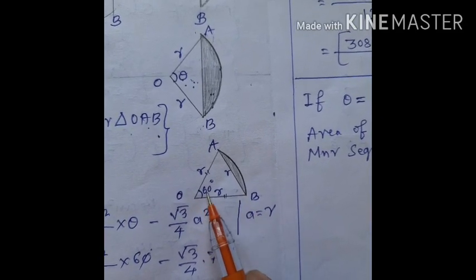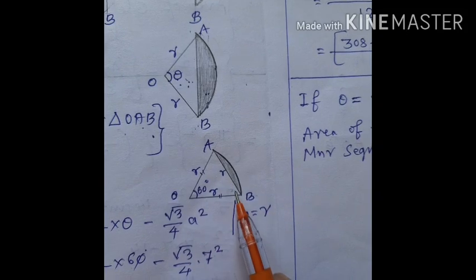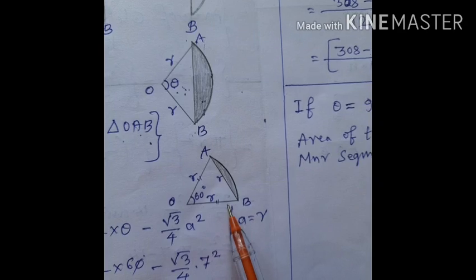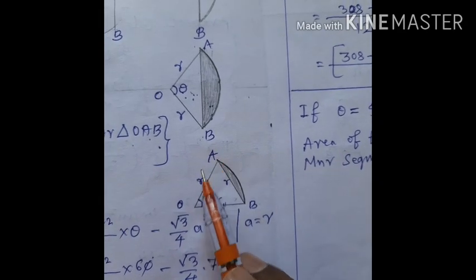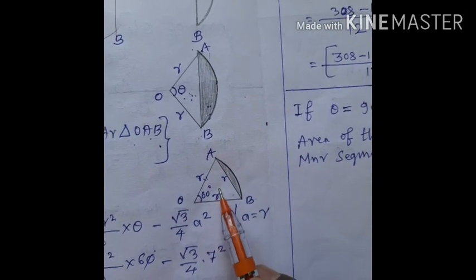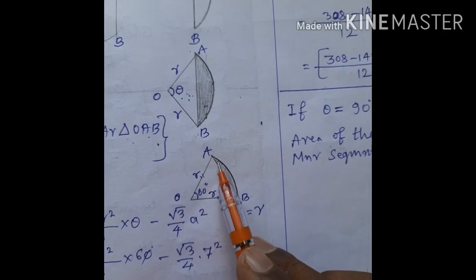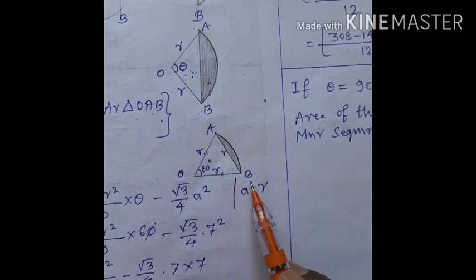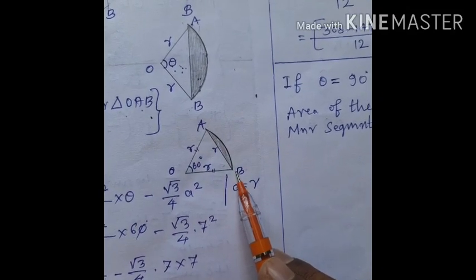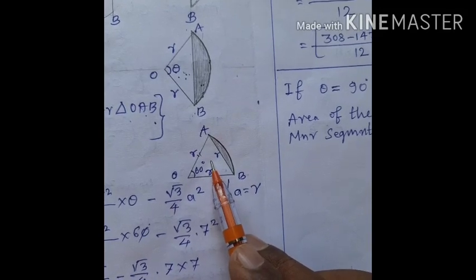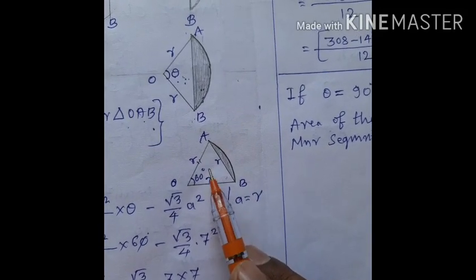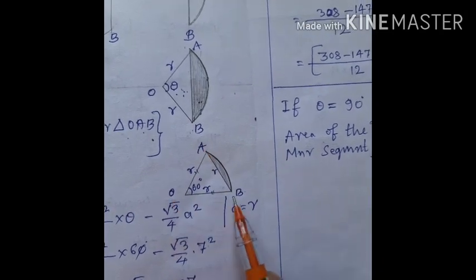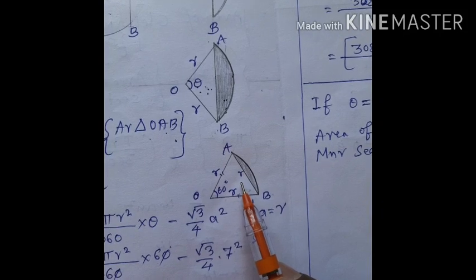Already this angle is 60, and the sum of these two angles should be 120, and this should be equal also. That is why this is also 60 and this is also 60. Therefore, this is an equiangular triangle, and when all the three angles are equal, then all the three sides must be equal. That is why OA, OB and AB must be equal, because it is an equiangular triangle and therefore it is an equilateral triangle also.